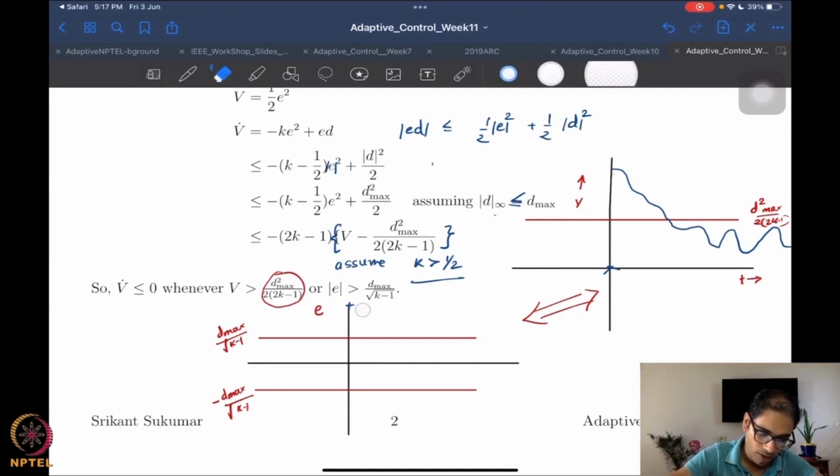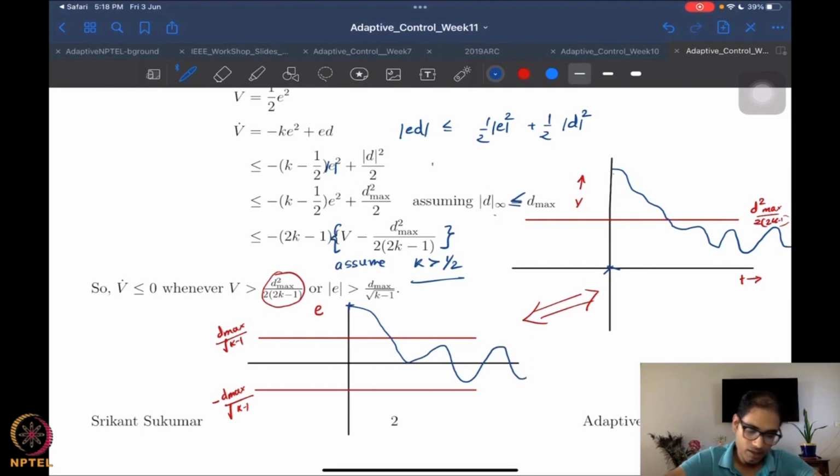Not necessarily monotonic in general, but in this case it is monotonic because of the scalar case. But once it's inside this line, it can do anything. It can be oscillatory or whatever.